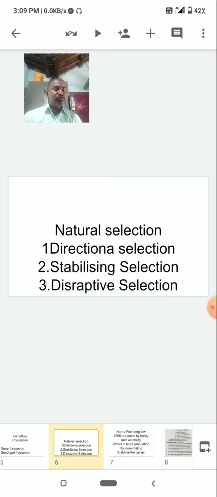Directional selection tends to favor phenotypes at one extreme range of variation. Whichever newly changed character is selected, that type of population is present. For example, the resistance of insects to DDT.